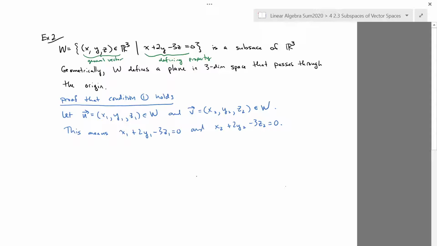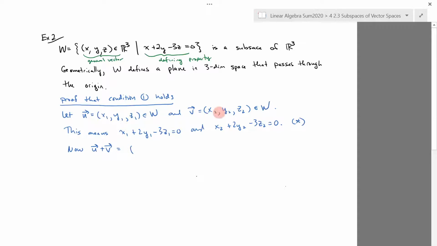Okay, so for condition 1, we're interested in looking at vector addition. So what happens to u plus v? Well, let's just do the calculation. What is u plus v?